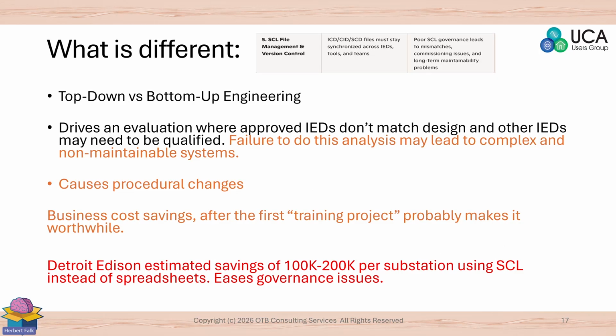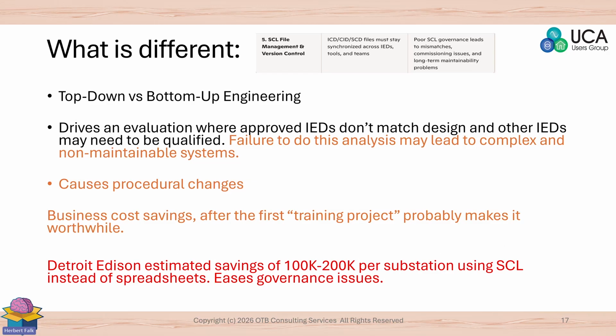So SCL management and file control, that's one of the other issues Copilot had. But top down versus bottom up, it drives the evaluation of where approved IEDs don't match your design objectives.